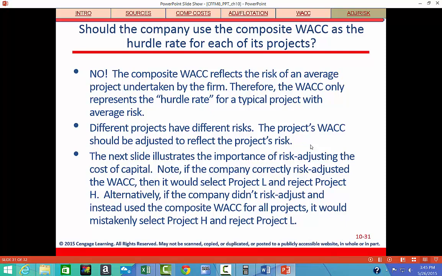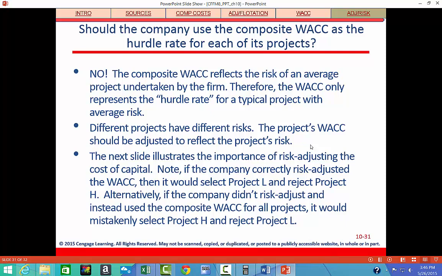If you have a riskier project, you'll want to adjust that weighted average cost of capital upwards to discount future cash flows. And if you have a project that's less risky, then you could adjust that 11.1% down to account for the fact that it's a less risky project.